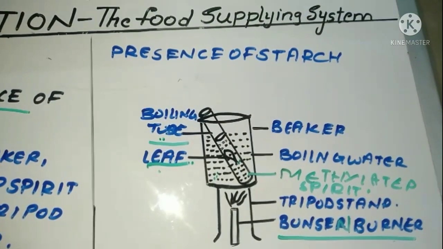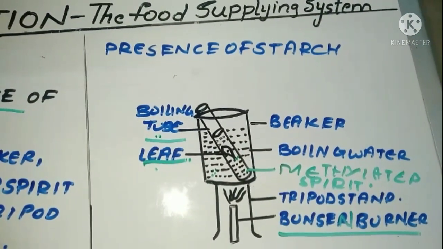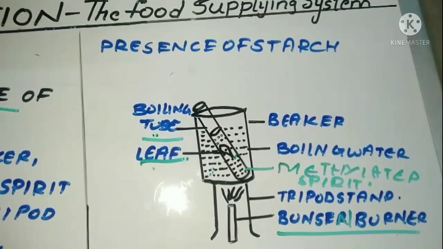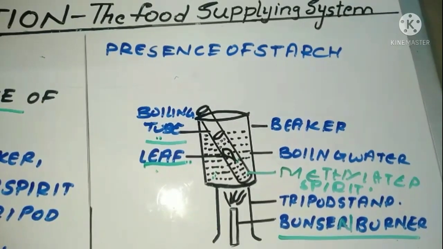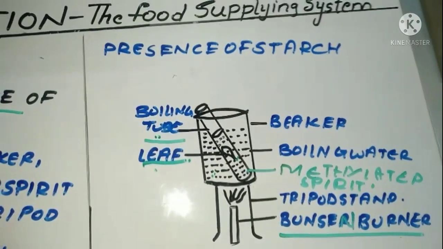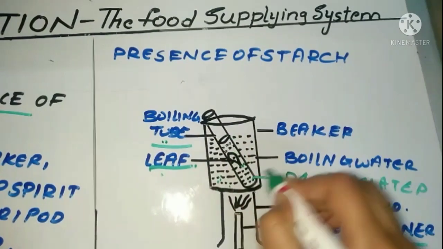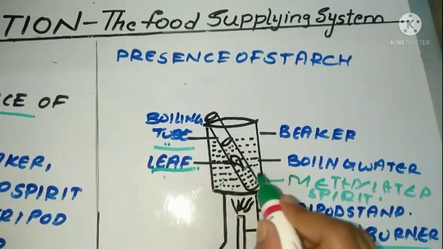We will not do that because if we directly boil the leaf in methylated spirit in the beaker, the methylated spirit may catch fire. That's the reason we take some water, and in that water we place a boiling tube containing methylated spirit and a leaf.